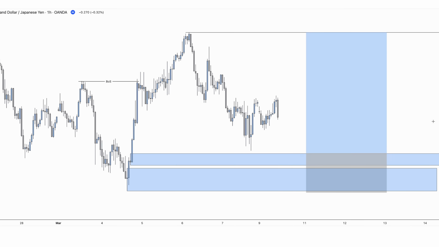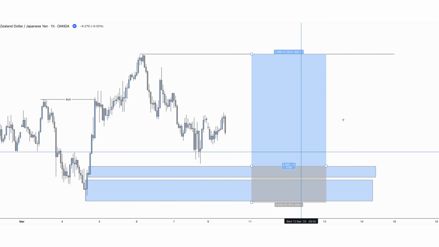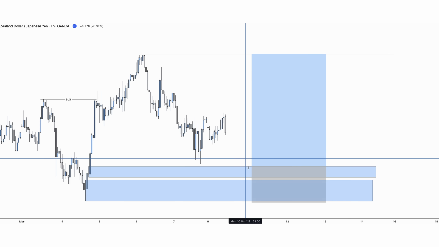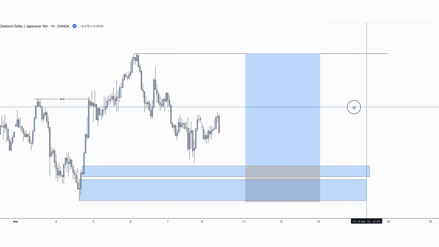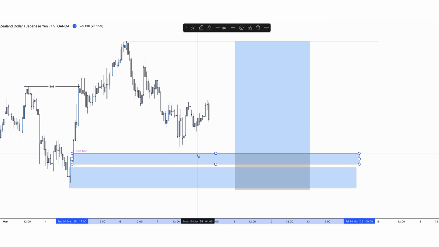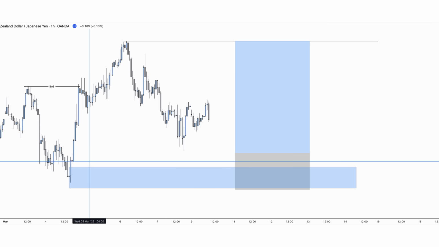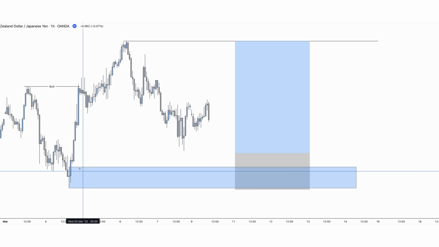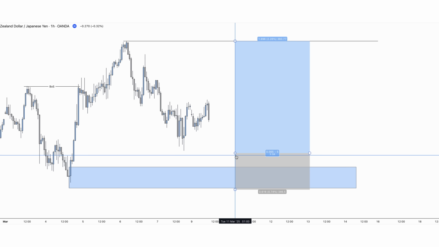So at this point, we can work out what to do in terms of zone refinement and see what we've got in terms of opportunities to increase the risk reward. For a moment, we're going to remove this one. We're going to focus on this lower one because this is where we can refine our hourly buy limit order to.